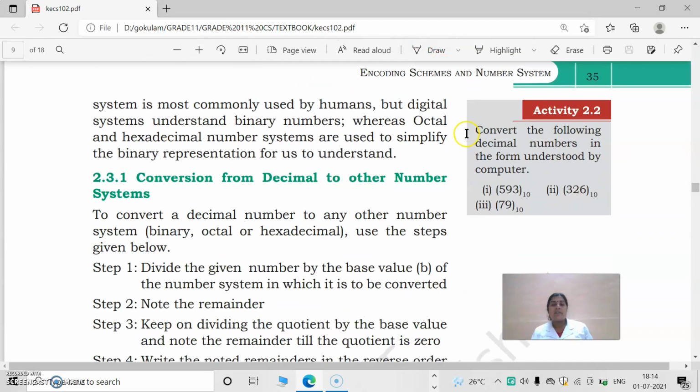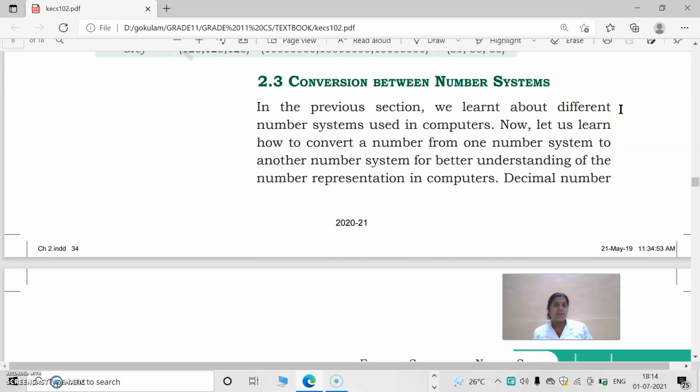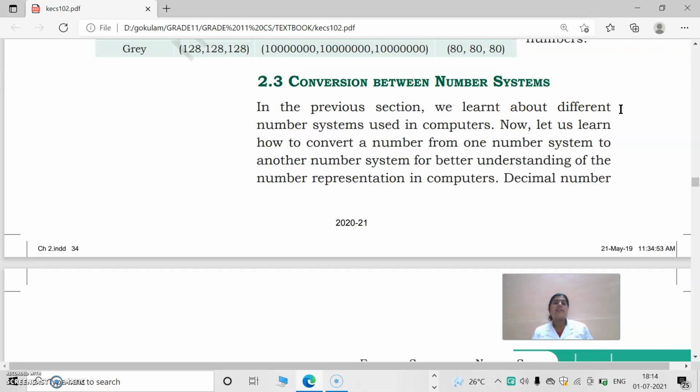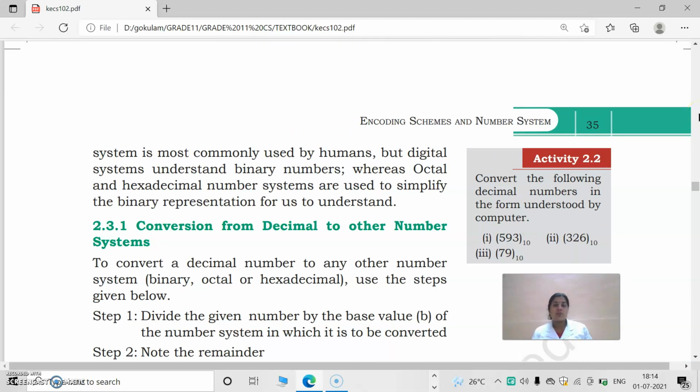Next topic is conversion between number systems. That means we have to convert decimal to binary, binary to decimal, octal to binary, and so on. Converting from one number system to another is known as conversion. The decimal number system is commonly used by humans, but our digital systems, digital calculators, computers, and digital weighing machines all use binary numbers.